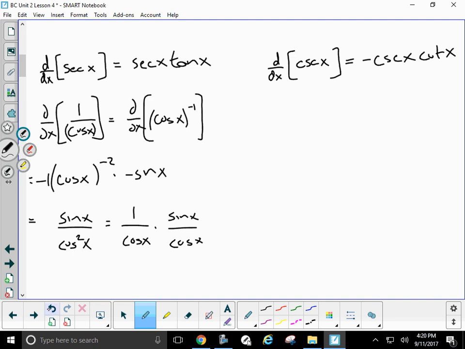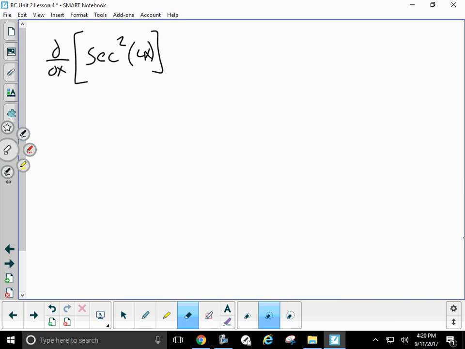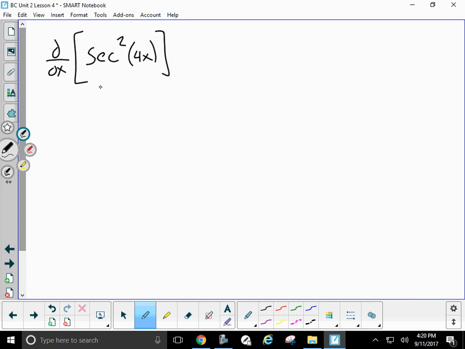Okay, now make sure we're comfortable with this, because with secants or cosecants, the derivatives using the chain rule can sometimes be tricky. Let me just give you an example that is a composition of 3 functions. Okay, so we have, after I rewrite this, secant of 4x quantity squared.